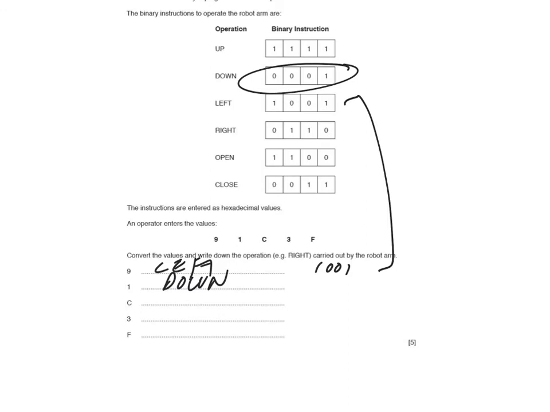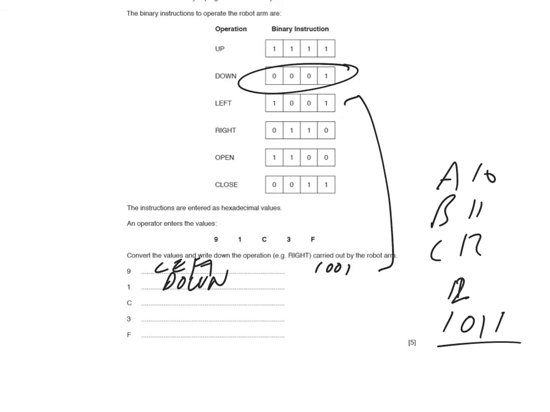C is obviously, A, B, C is obviously 11, so we get 8 and 3, so 1, 0, 1, 1, 1, 0, oh, 10, 11, 12, oh, just as well I double check my answer there, 12, so it's actually 1, 1, 0, 0, and 1, 0, 0, so looking that up is open.